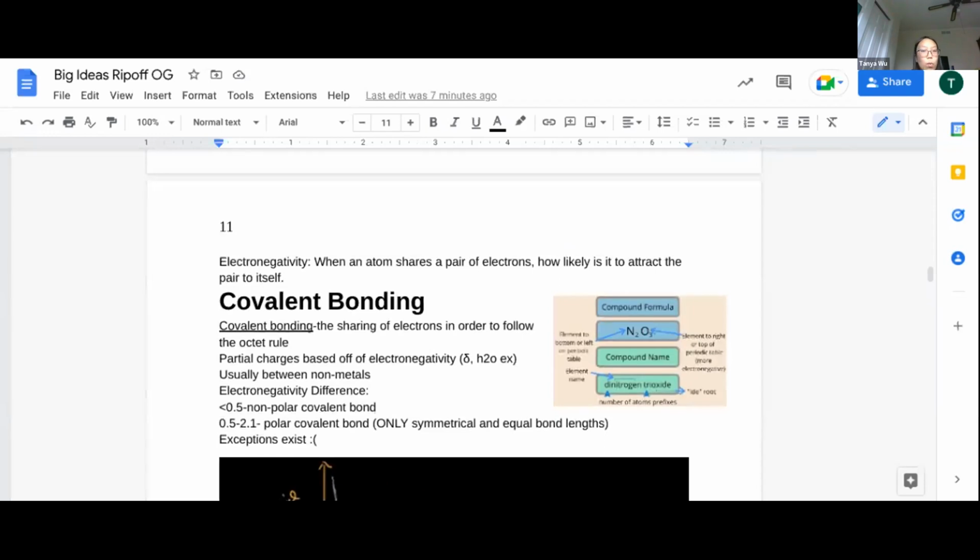So if you take water, for example, H2O, when it's in that bond, the oxygen will attract and hog most of those electrons, and they will not be orbiting around hydrogen as often. So what happens is that there will usually be a partial negative charge next to the oxygen and a partial positive charge next to the hydrogen.